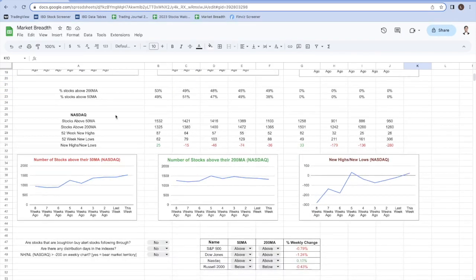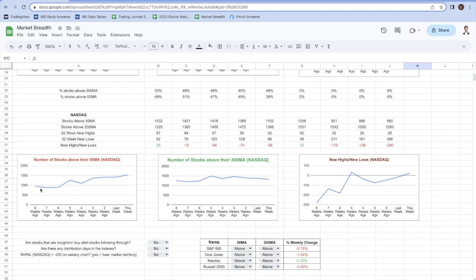Then the next one is the Nasdaq. We have 1,532 stocks above the 50-day moving average and 1,325 stocks above the 200-day moving average. That's the number. To have greater clarity and context of what these numbers mean, we have to compare to the previous weeks.